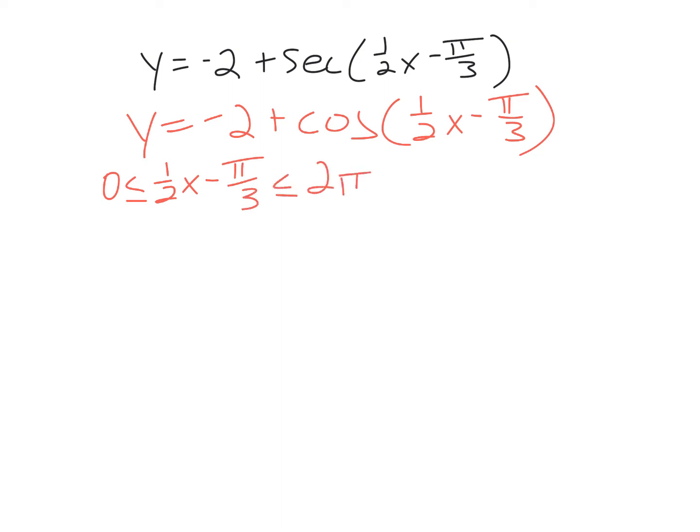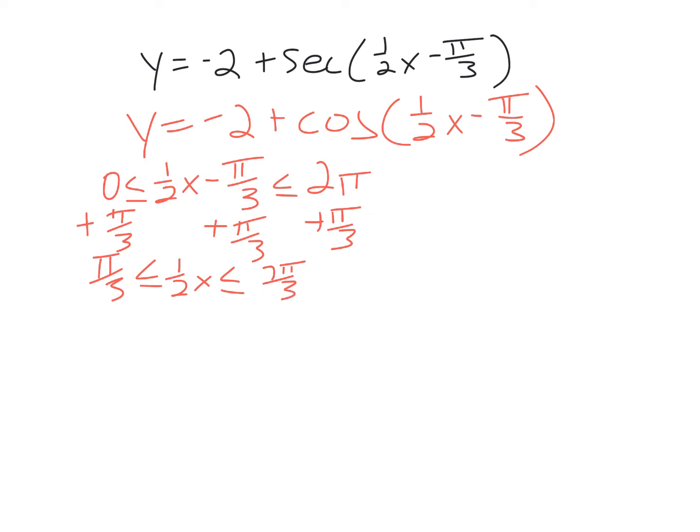Okay, and now we are going to isolate x. Okay, and then we're going to divide everything by 1/2, which is going to get me, I'm going to go over to the right here, and we're going to get 2 pi over 3 is less than or equal to x, that's less than or equal to 14 pi over 3.